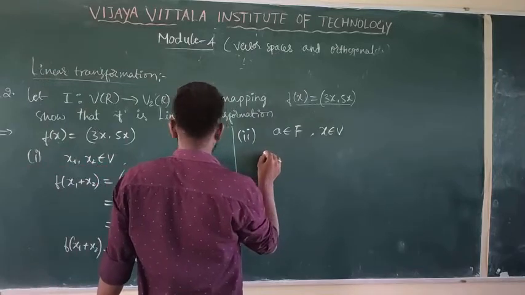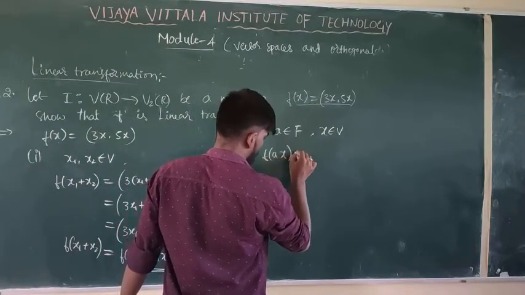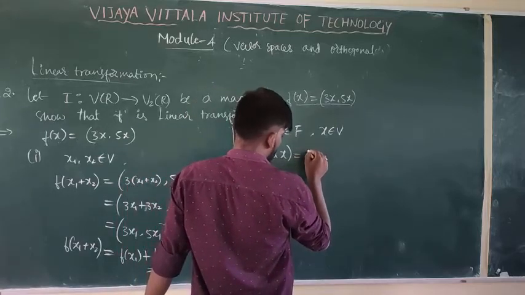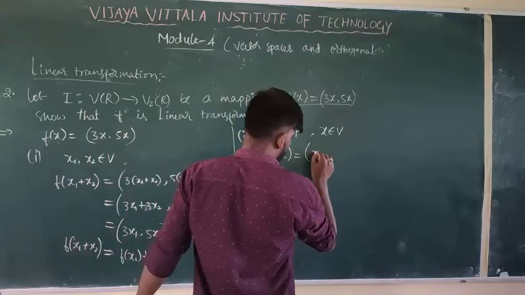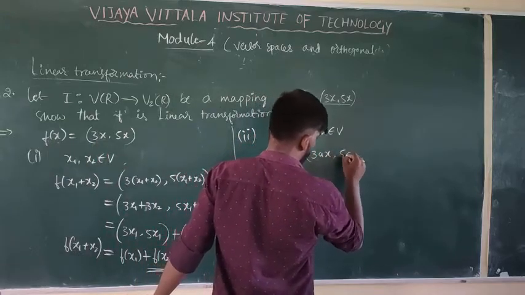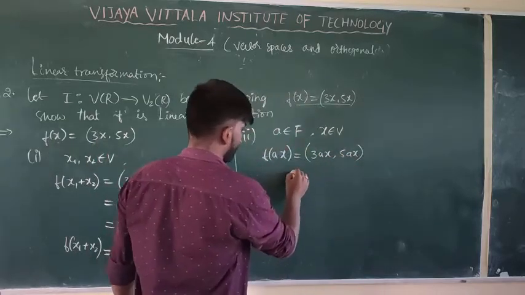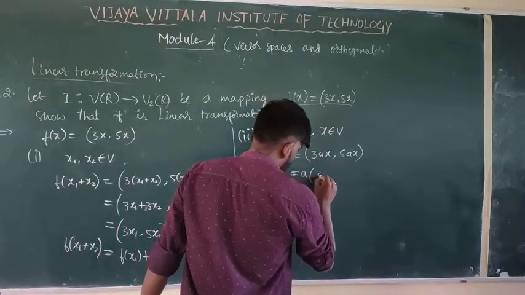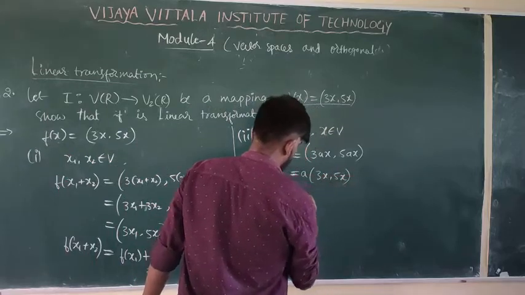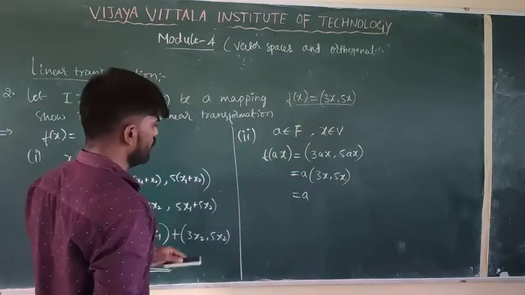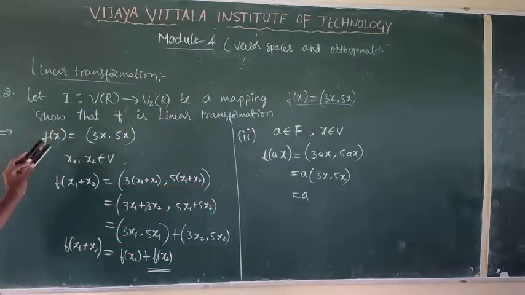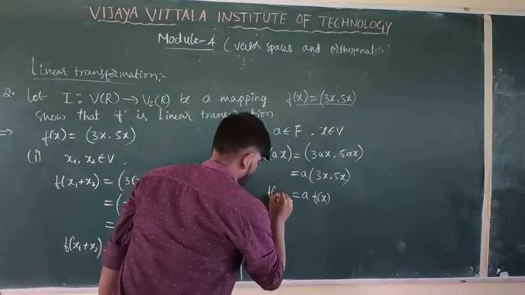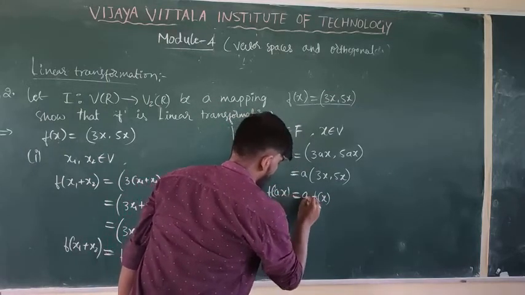Here we take f of ax. f of ax is (3 into ax, 5 into ax). We take a as common outside the bracket, and get a into (3x, 5x). Therefore, a into (3x, 5x) is f of x. Therefore, f of ax is equal to a into f of x.